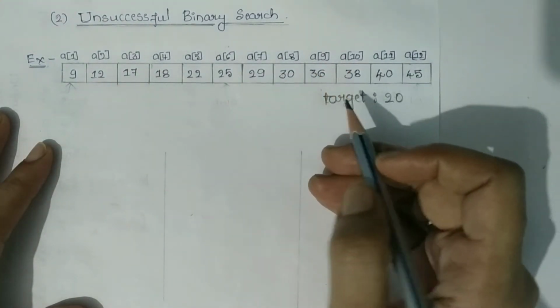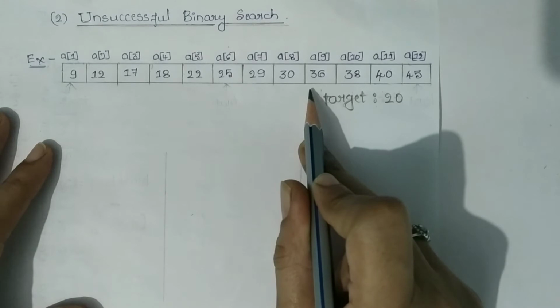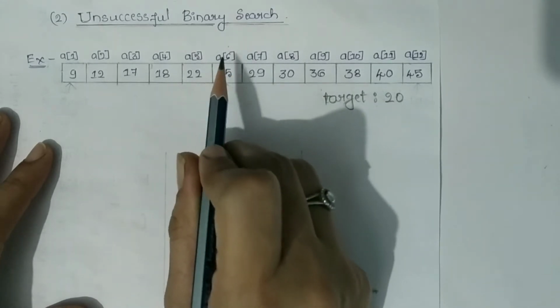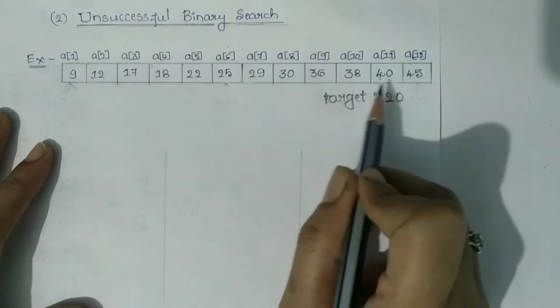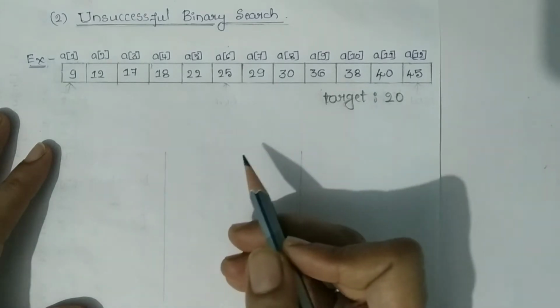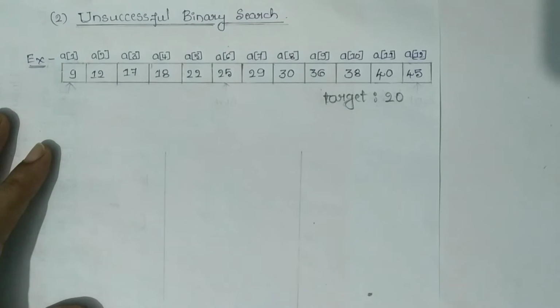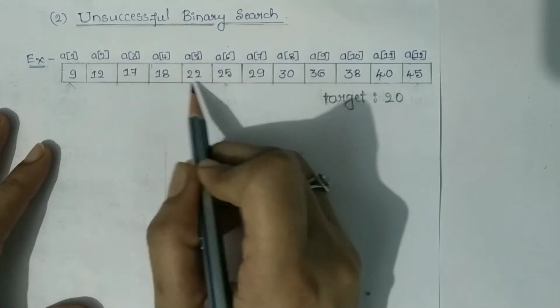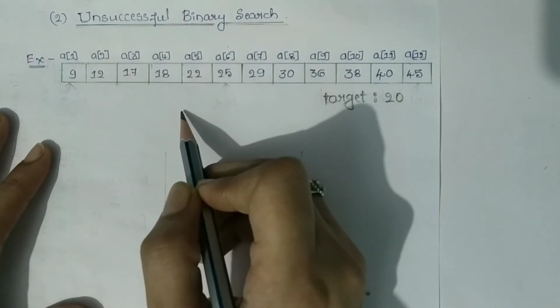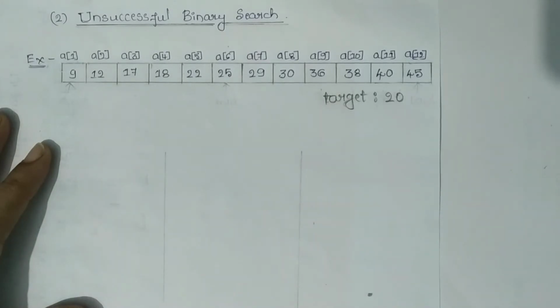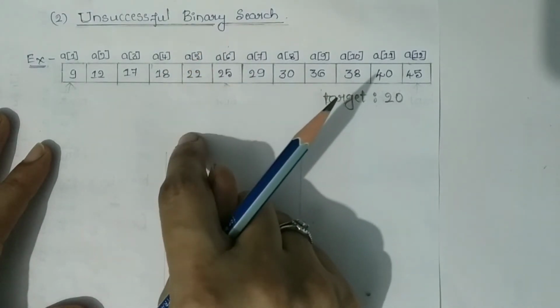What is the process of binary search? Testing the data element at the middle of the list. It eliminates half of the list in every iteration. Since it starts testing at the middle of the list, we have to find the mid of the list.